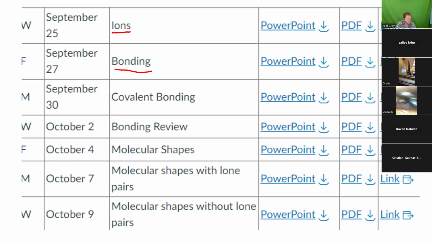We used this bonding to talk about ionic bonding. Then we spent a day talking about covalent bonding and reviewed our different types of bonding.